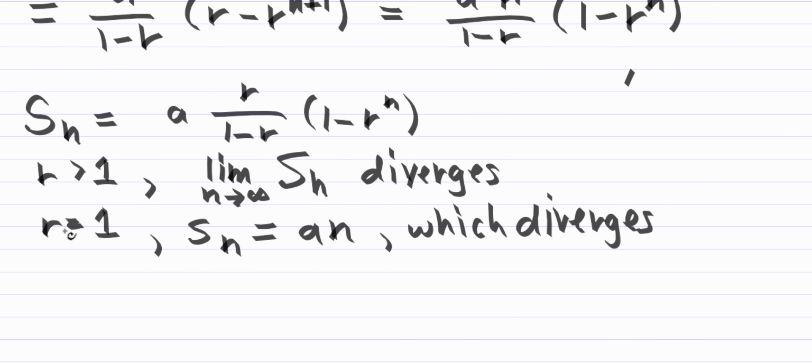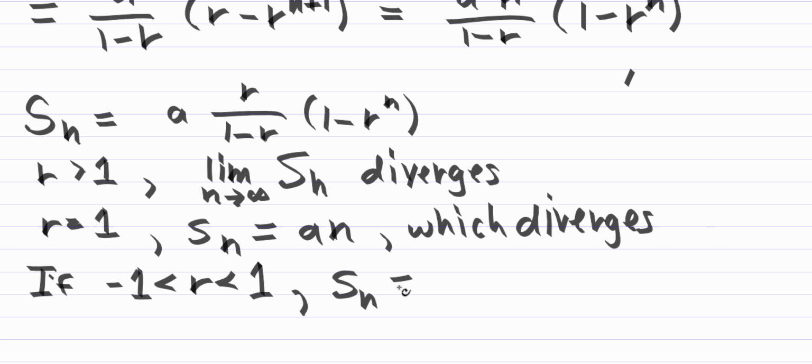But now, if minus 1 is less than r is less than 1, the nice thing is that Sn equal a r over 1 minus r, 1 minus r to the n, converges.